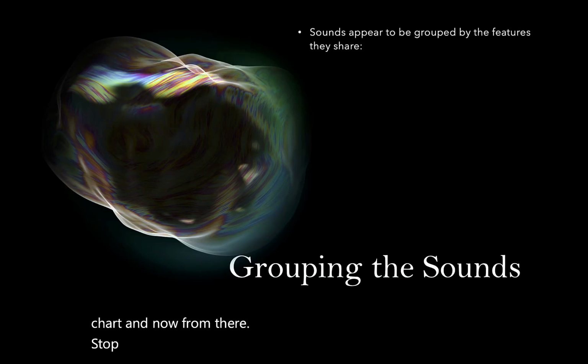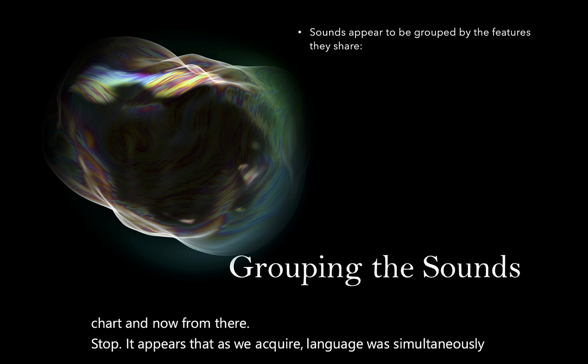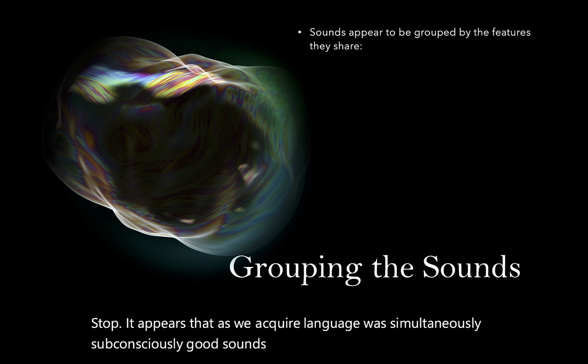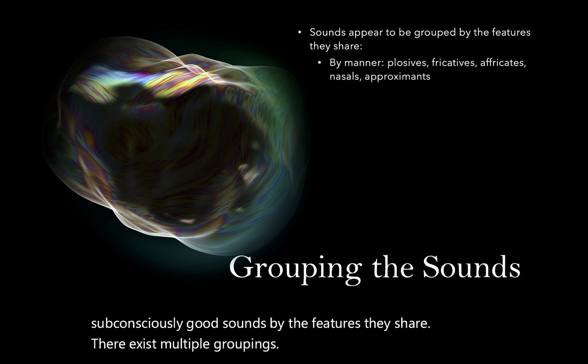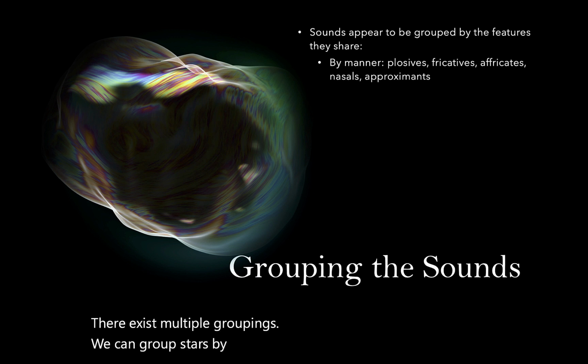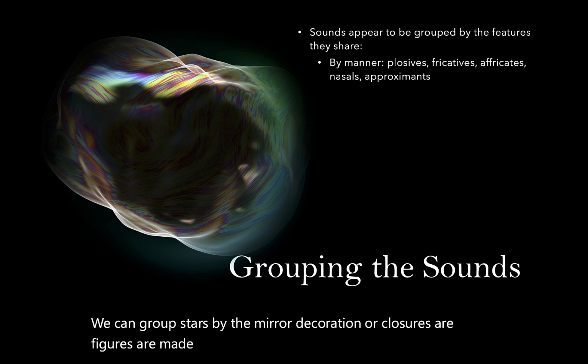So, it appears that as we acquire language, we simultaneously subconsciously group sounds by the features they share. There exist multiple groupings. We can group sounds by the manner of articulation, all plosives, all fricatives, all nasals, and so on.